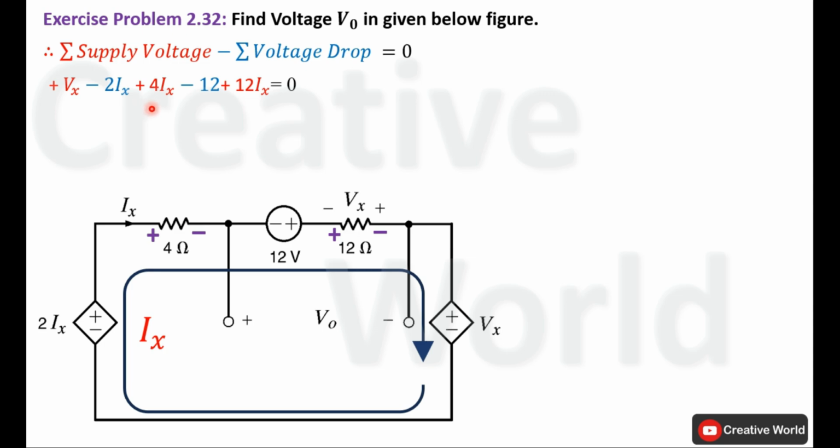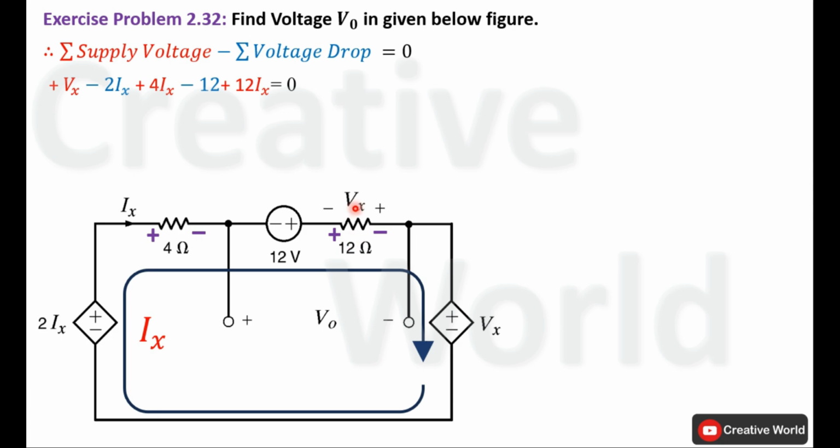Now inside this equation two variables exist. In order to solve this equation, we have to make only one variable inside this equation, and that can be made by placing the value of Vx inside this equation. Voltage of this dependent voltage source, that is Vx, is being controlled through the voltage across this 12 ohm resistance.